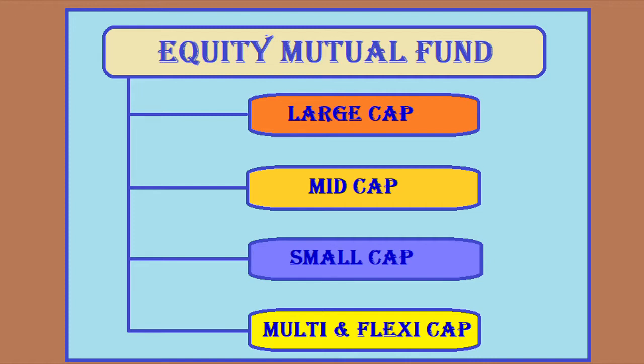But, as the risk is higher, so the potential for return also increases. Because you mustn't forget, every big and famous company was once a small-cap company. Therefore, this type of fund is ideal for long-term investors with extremely high risk tolerance, and there is a good possibility of capital erosion as well.